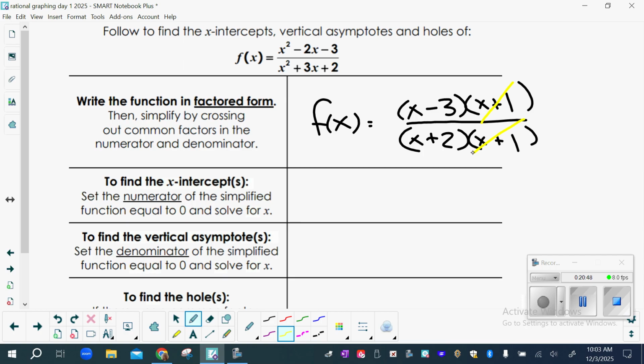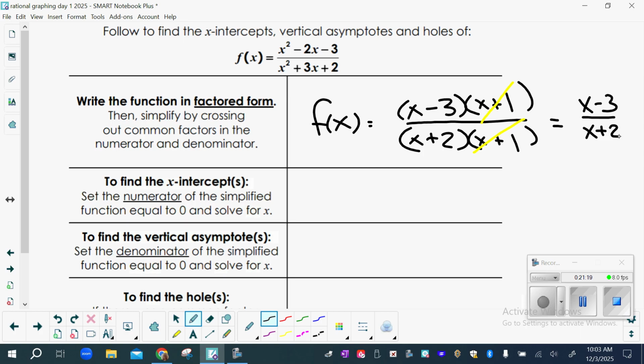But do it lightly because we have to come back to him later, so we're not going to erase him. So here's what we are working with at this point: x minus 3 over x plus 2. Have I lost anybody? That's almost all the math that we have to do. The rest of it is baby math.